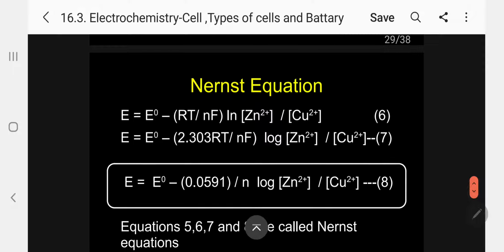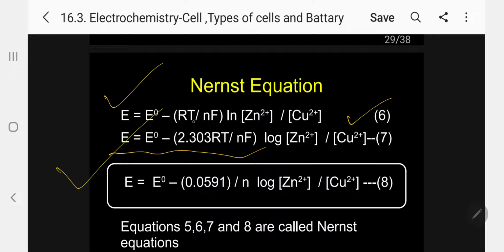We write now E equal to E0 minus RT by nF of ln, that is [Zn2+] by [Cu2+], because the activity of copper and zinc solids is taken as 1. So ln means nothing but 2.303 log. So I am now using the term E equal to E0 minus 2.303 RT by nF of log [Zn2+] by [Cu2+].